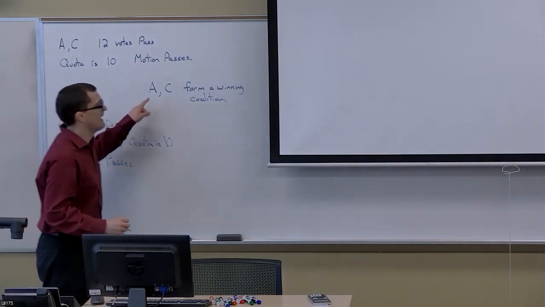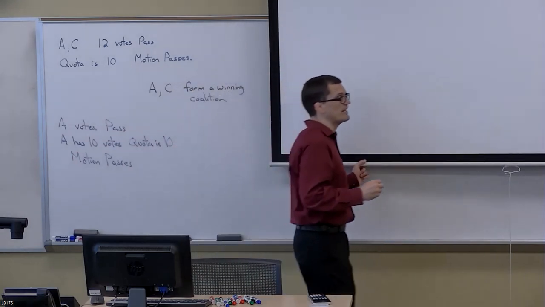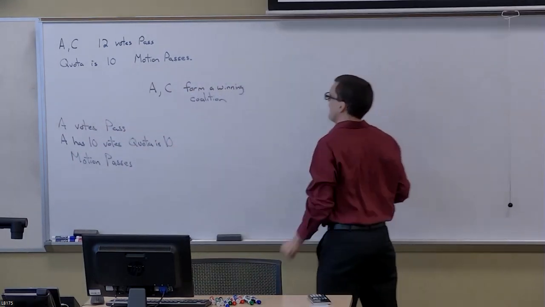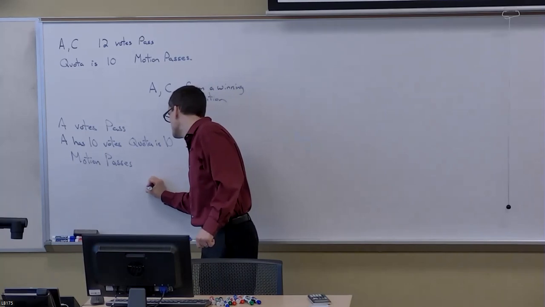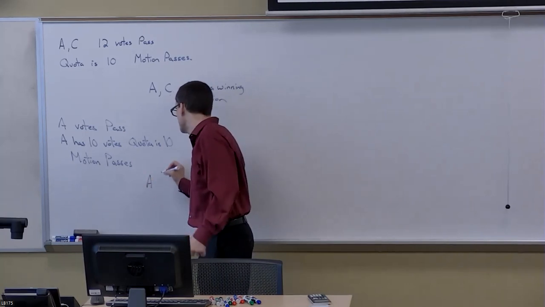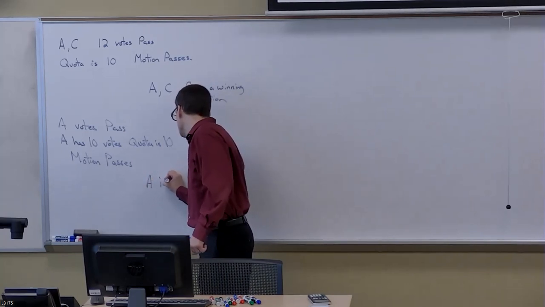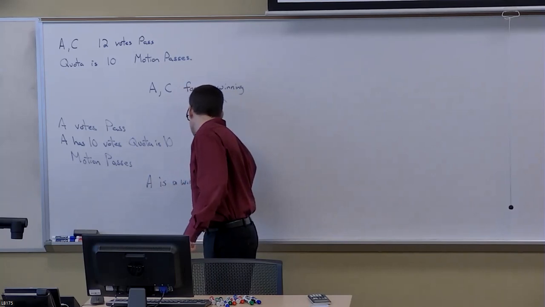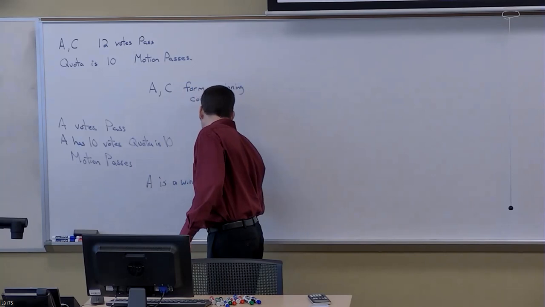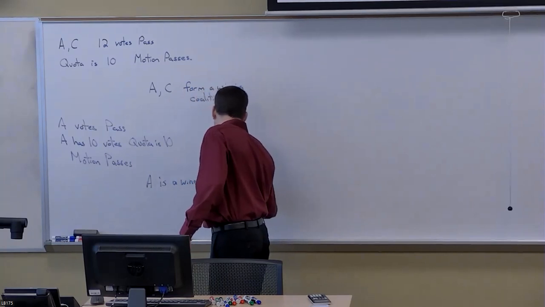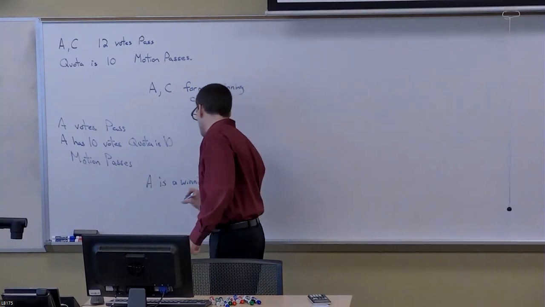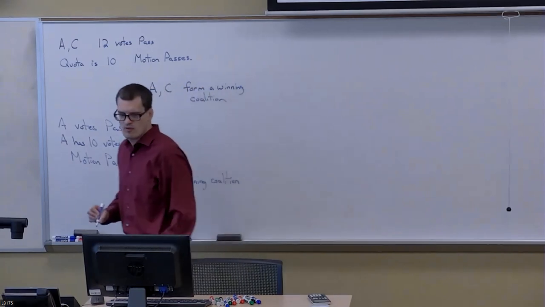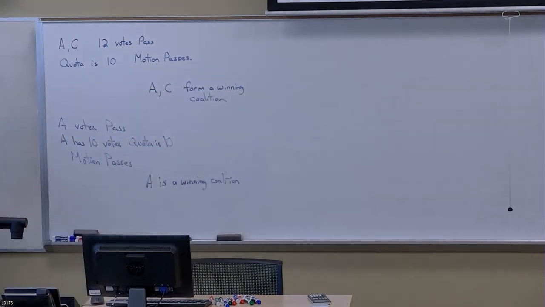So while A and C together are a winning coalition, A is actually a winning coalition by itself, by himself, herself, whatever. So just A alone is a winning coalition.